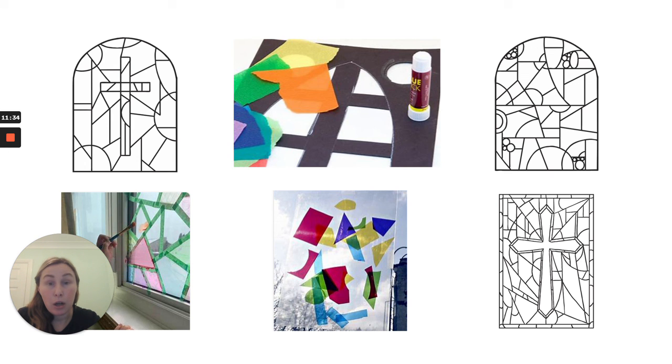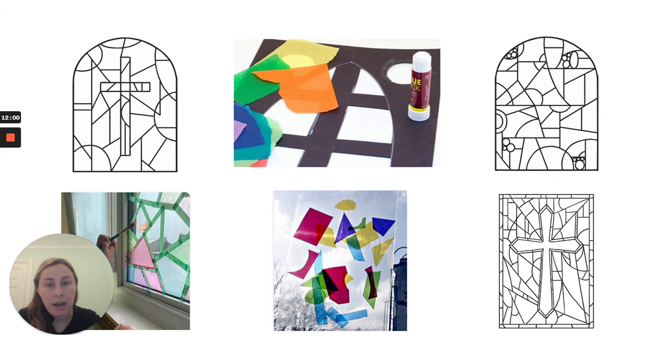Or you can glue tissue paper and use some different coloured tissue paper or normal coloured paper on black paper to create your window. Now, if mums and dads are feeling adventurous, you can use your paints. There is an image of painting on a window, but you must check with mums and dads if that's okay.